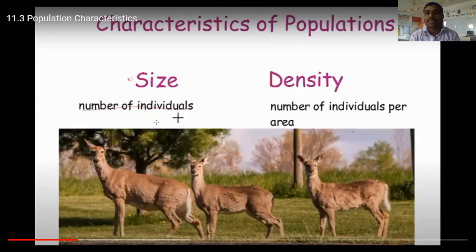But the specific density is the number of individuals per unit available area to that organism. Suppose we take an example of the ocean or some dry land.